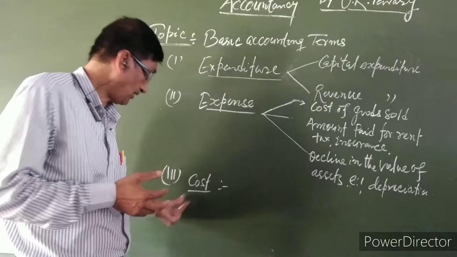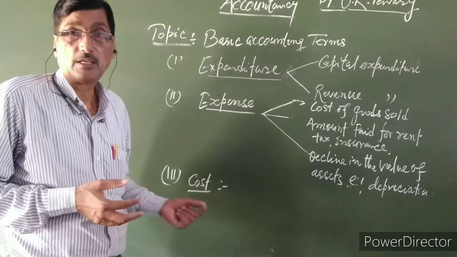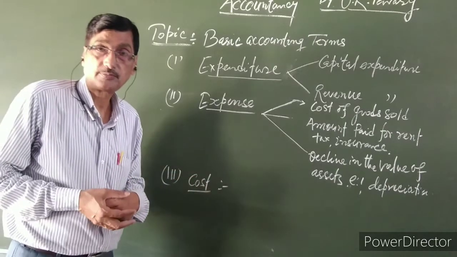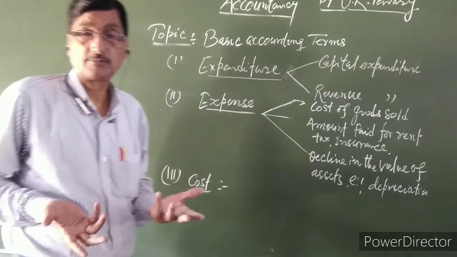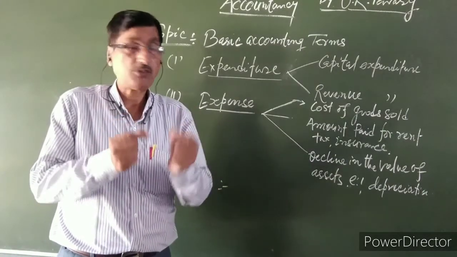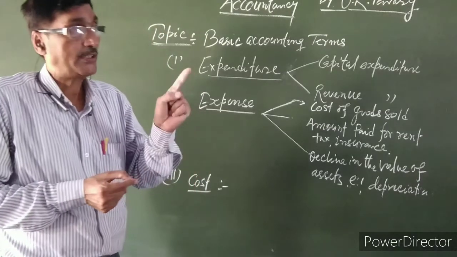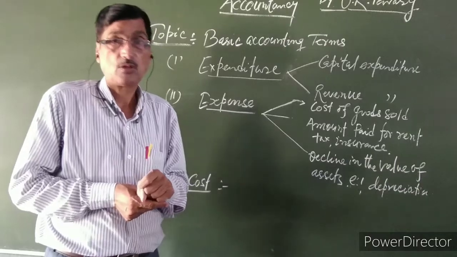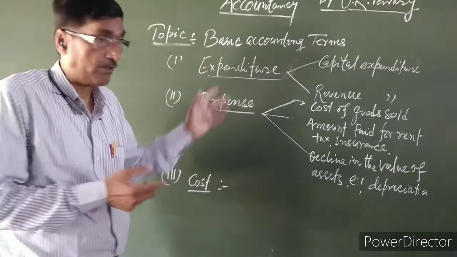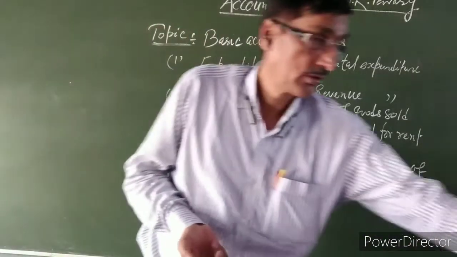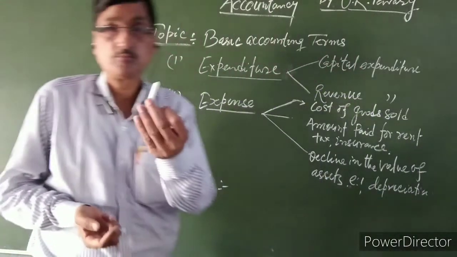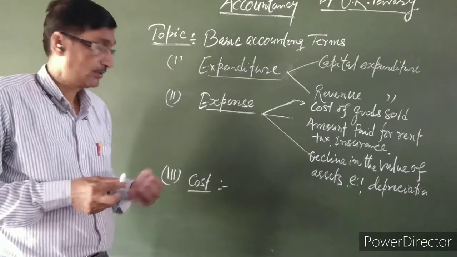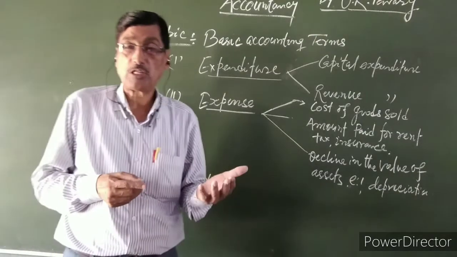And the third term, which is very important, sir, is cost. What is cost? An amount which is incurred or attributed on the manufacturing of any product, goods or services, either actual or notional.